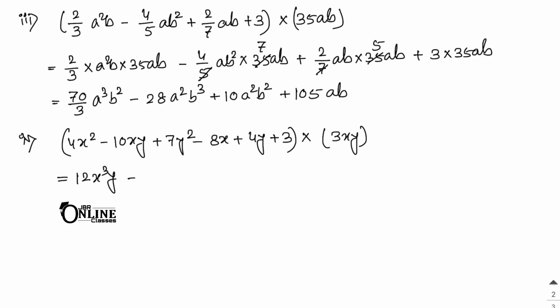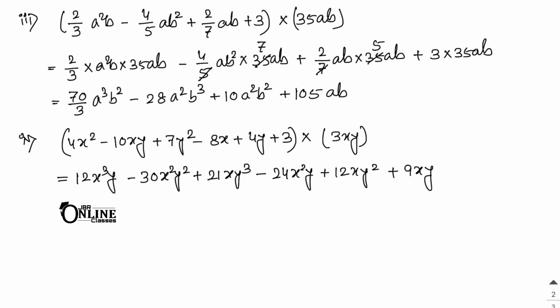Then next one 10xy multiply 3xy, so 30 x square y square. Then 21 x y cube, then 24 x square y. Okay, if you cannot multiply directly, you can solve it by step. Now the last one here, it's 12 x y square, and then here 9xy. So this is your final answer.